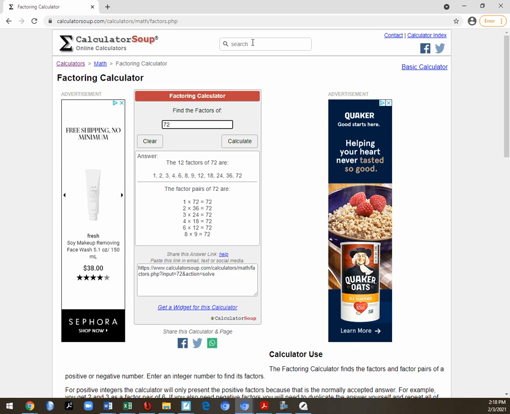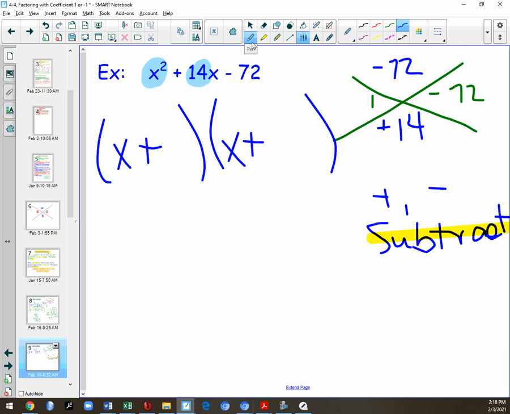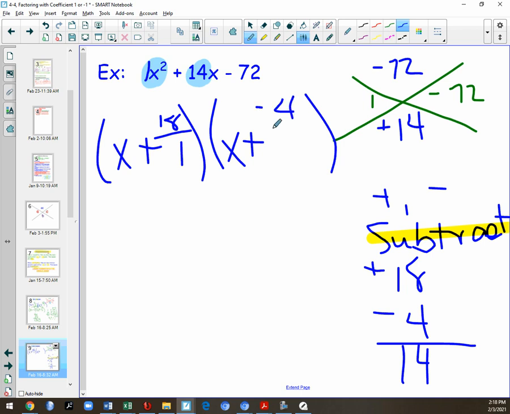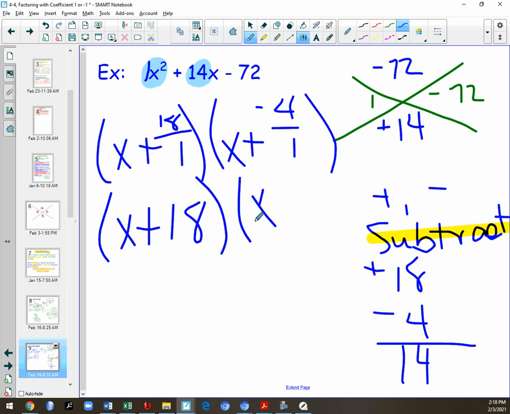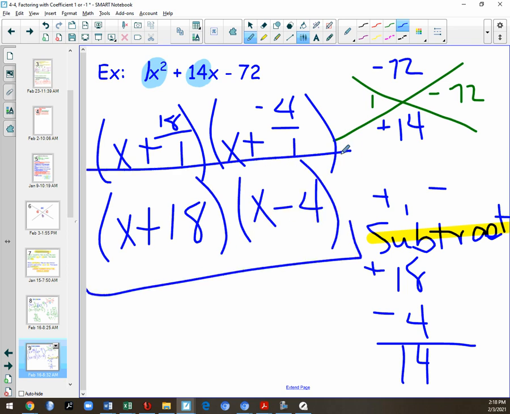You should be using 4 and 18. So if I'm using 18 and 4, I need to subtract down to give me 14. That means the 18 is positive and the 4 is negative. So I'm going to have 18 over 1. Why? Because that's my A value right here. And then I'm going to have negative 4 over 1. So this is x plus 18 and x minus 4.